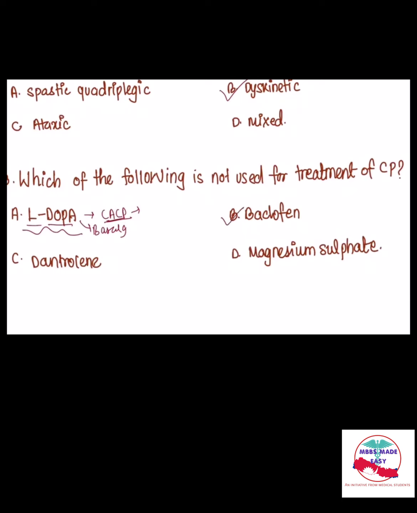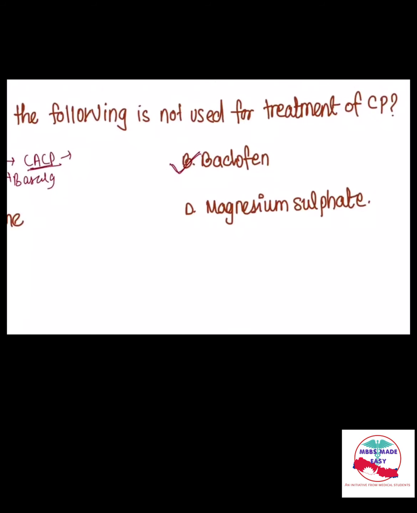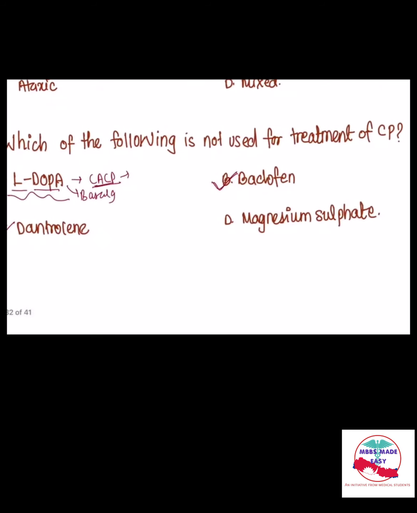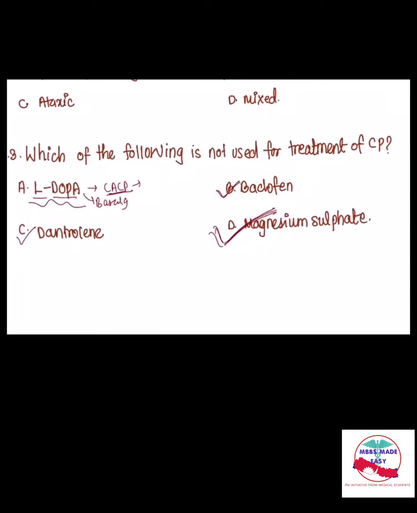Baclofen is a systemic acting muscle relaxant, so baclofen is used. Dantrolene sodium is also a muscle relaxant, so it can be used. Magnesium, we have not heard magnesium till now, so I think magnesium cannot be used in treatment of cerebral palsy. The question was, which of the following is not used for the treatment of cerebral palsy? The answer is magnesium sulfate.